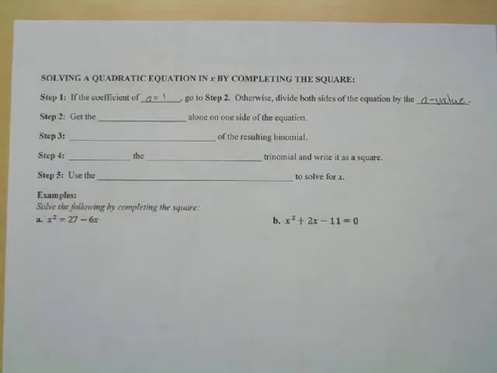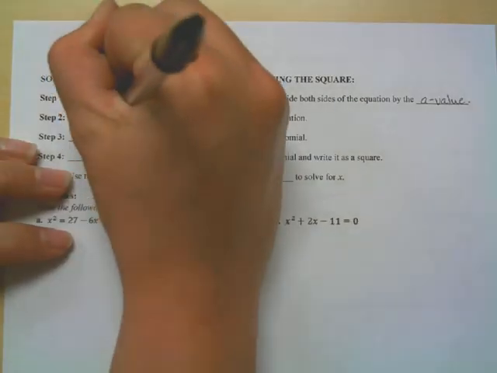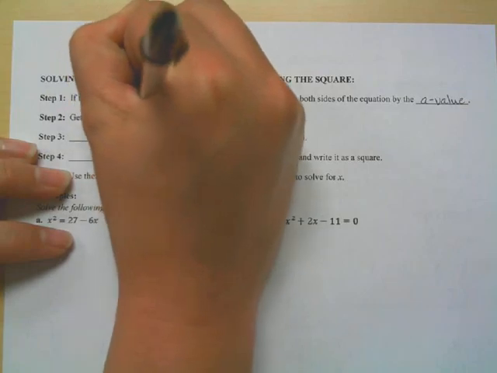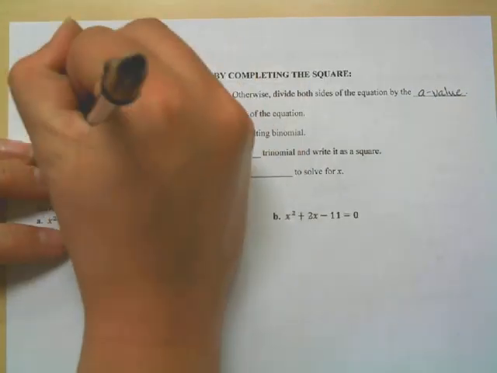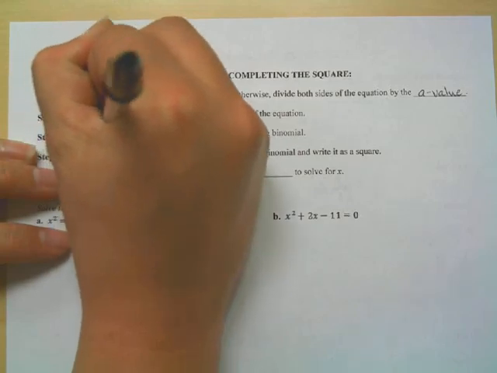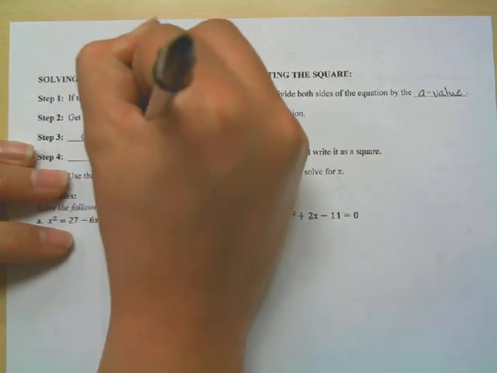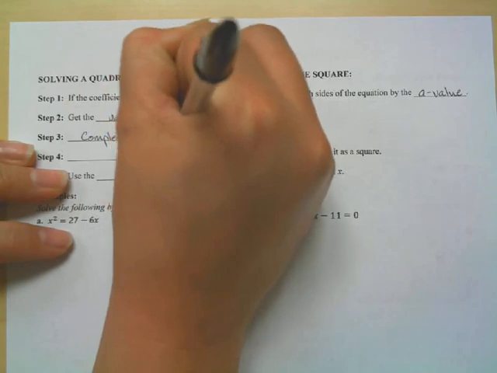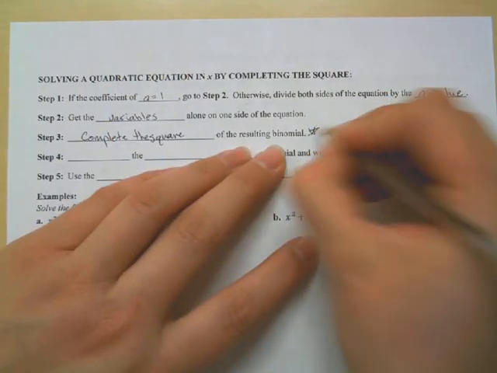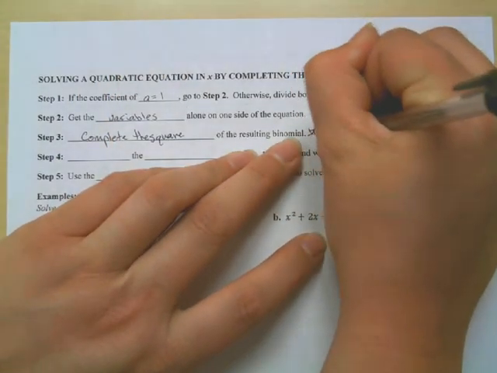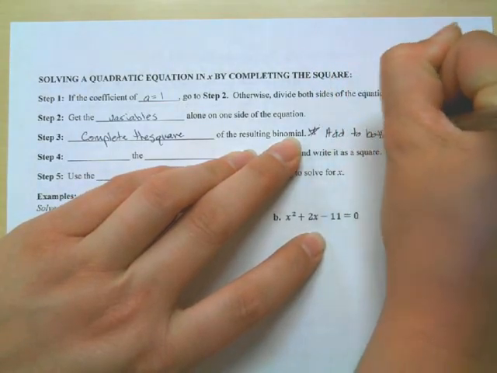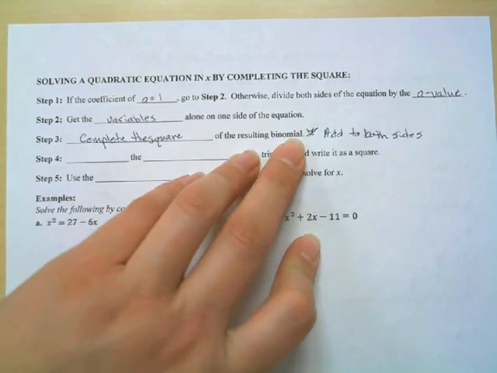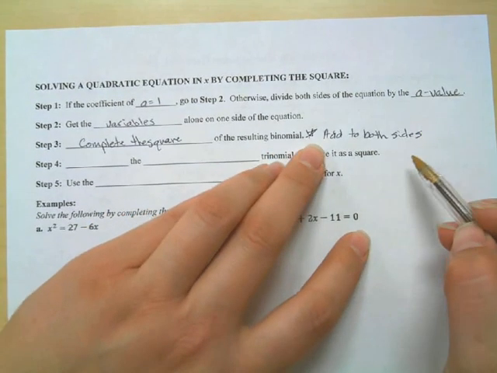Then you're going to get the variables alone on one side of the equation, and then complete the square. When you complete the square here, make sure you add to both sides. When you take that half of b and square it, you can't just add it to the side with the x values.